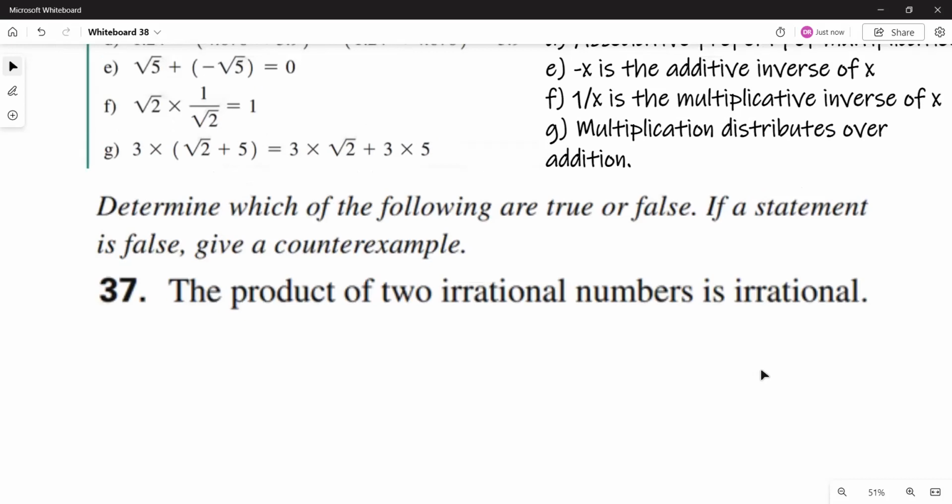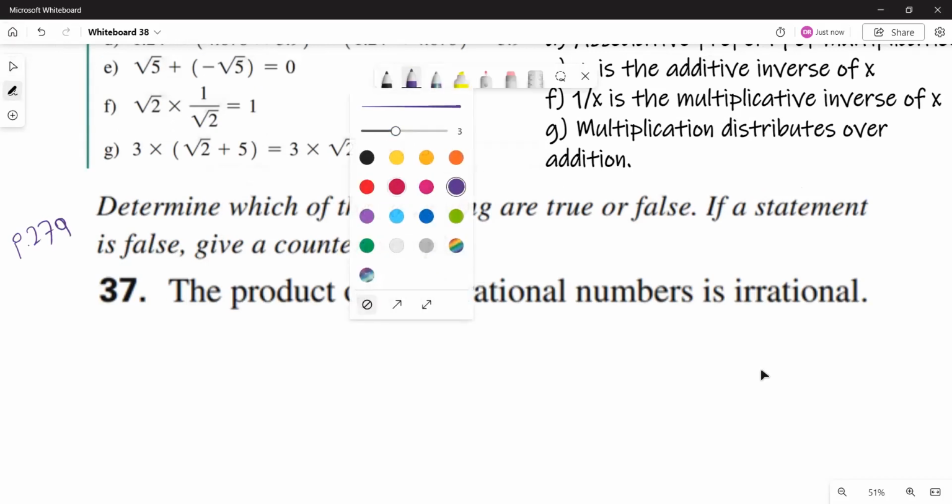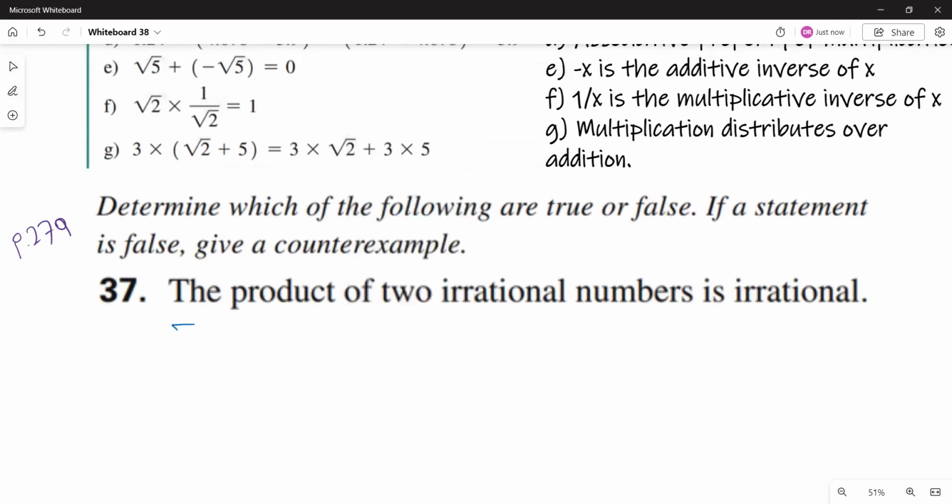Okay, this is again page 279. And this statement is false. If the statement is false, give a counterexample. So one example can be square root of 2 and square root of 8.